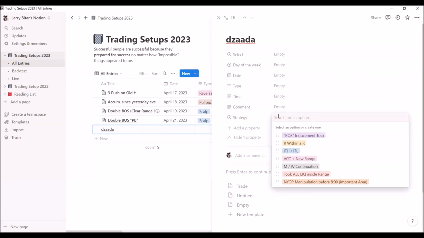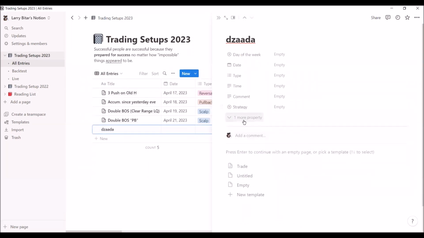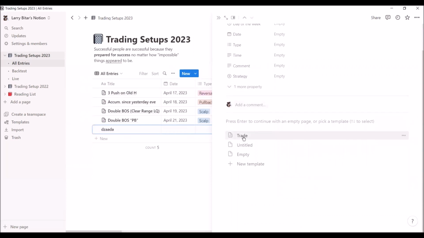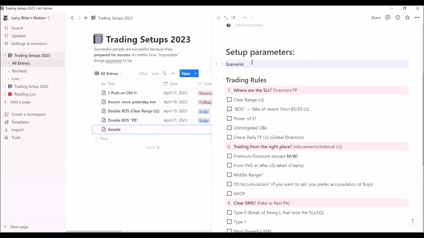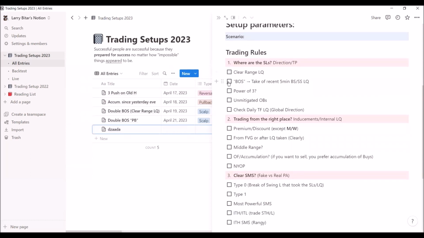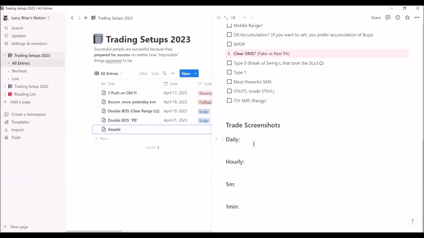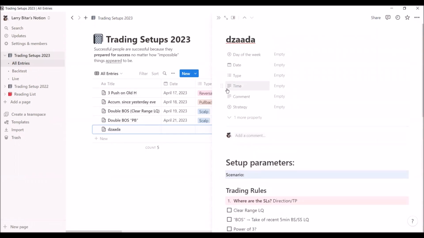Then commentary, strategy, which strategy I'm using. Now I just have to click on trade and boom, I have the scenario for my trade. Then I just see if it checks all the boxes of my strategy, and I put the screenshot.